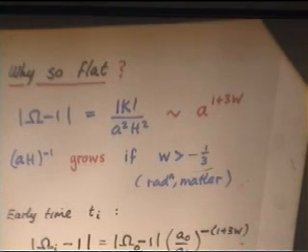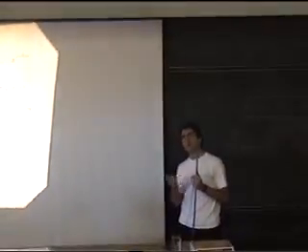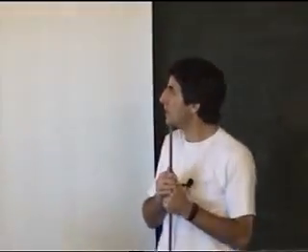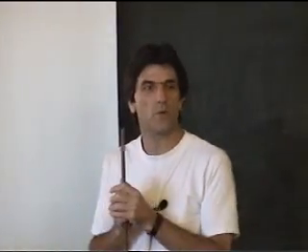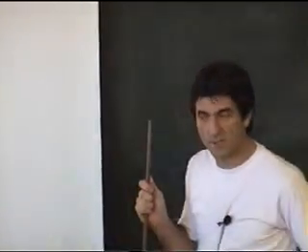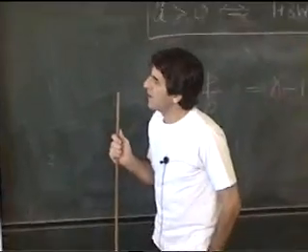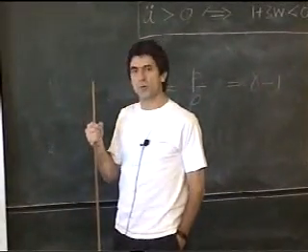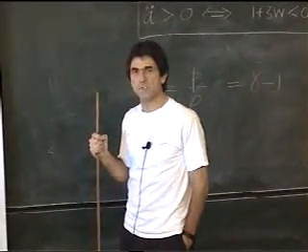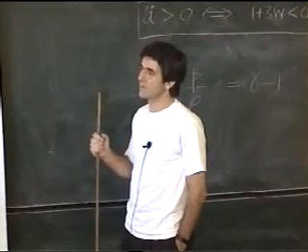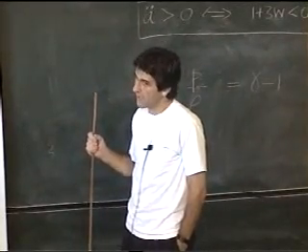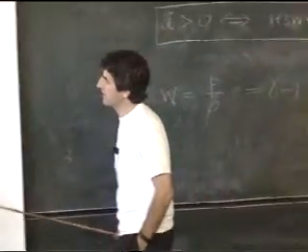Now, observations tell us that today the difference is very small. So if we run time backwards, thinking that we've got w greater than minus a third, which all the ordinary matter we know about certainly satisfies, we find that omega minus 1 has to be extraordinarily small at earlier and earlier times in order to end up being less than 0.05 today. And that's the flatness problem.